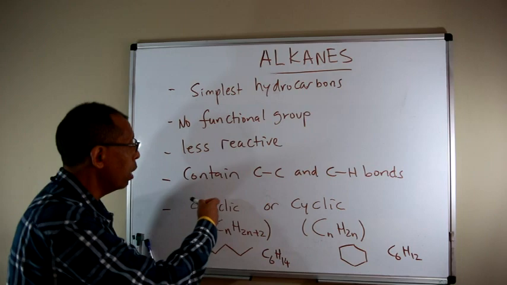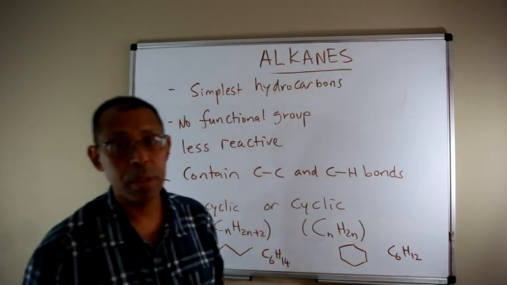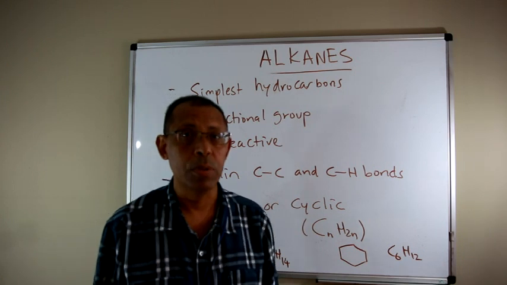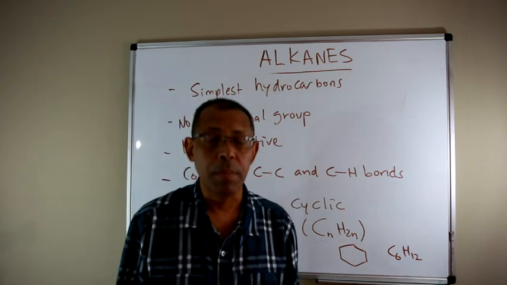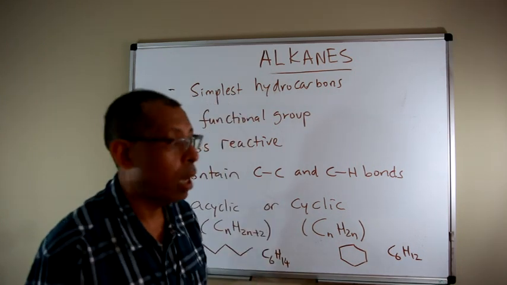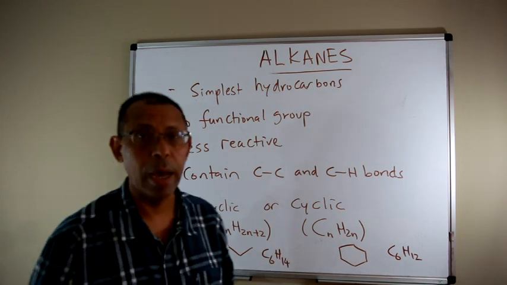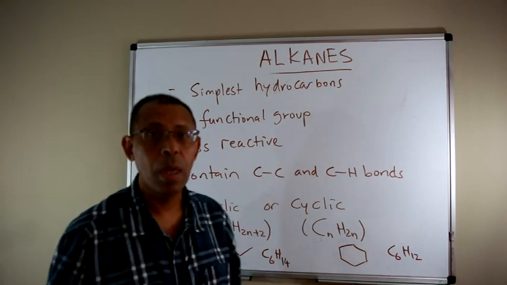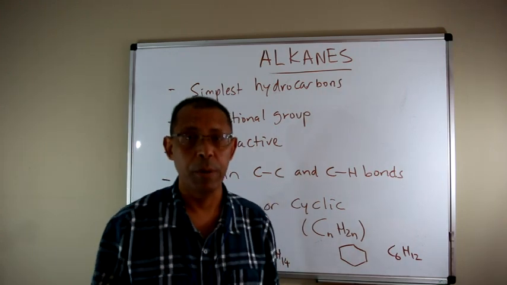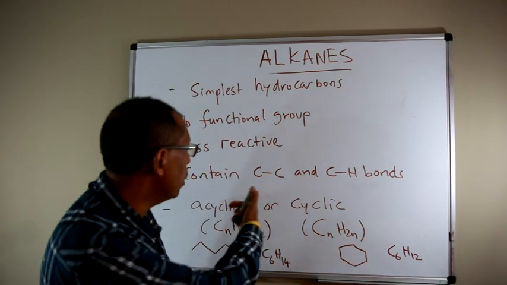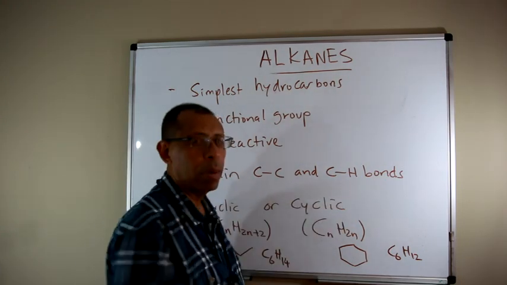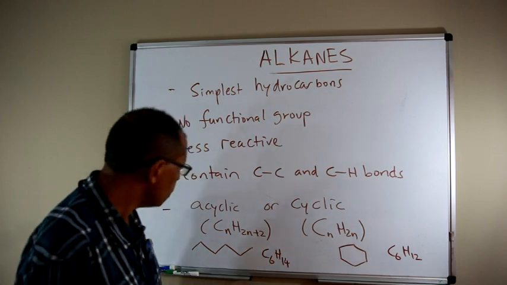As you say, most of the hydrocarbons contain carbon-carbon or carbon-hydrogen bonds. Those are the only sigma bonds present in hydrocarbons, especially in alkanes. So the name alkanes refers to the simplest hydrocarbons, and mostly they only contain carbon-carbon or carbon-hydrogen bonds.